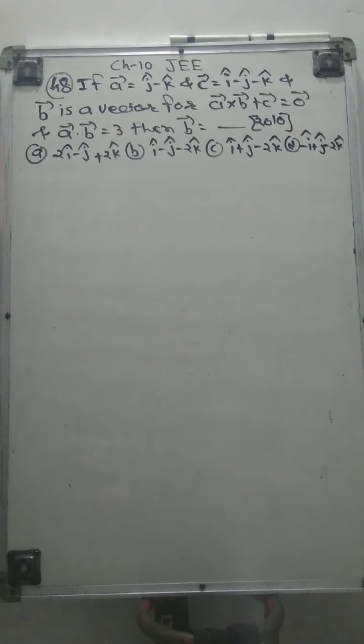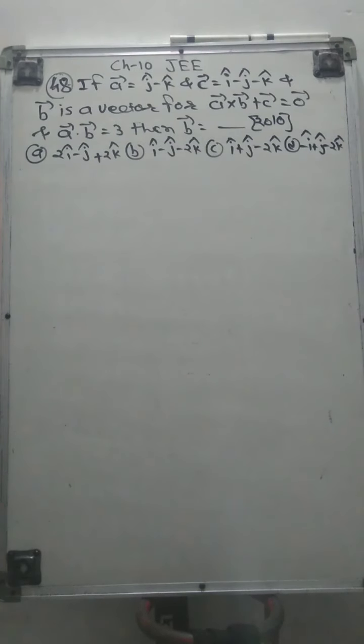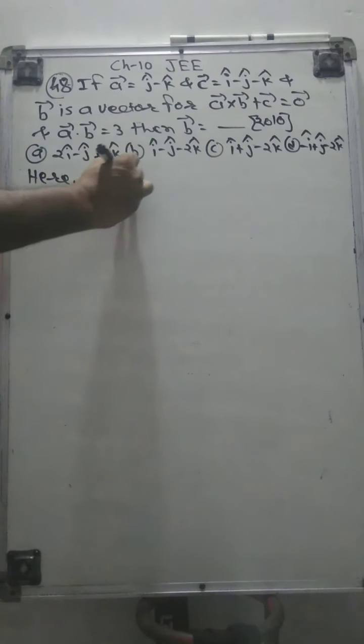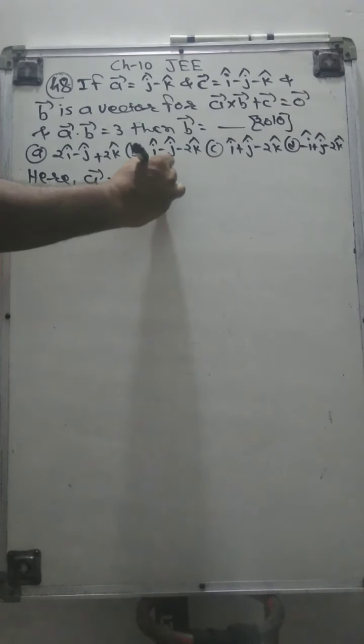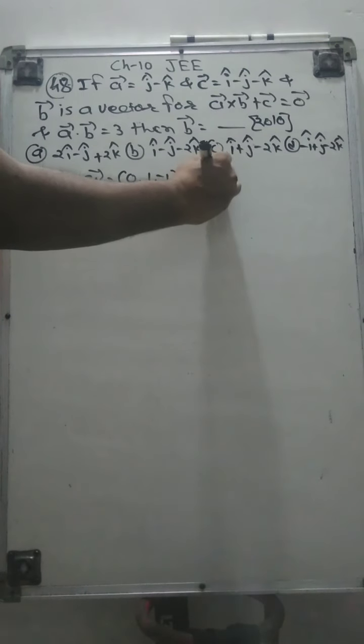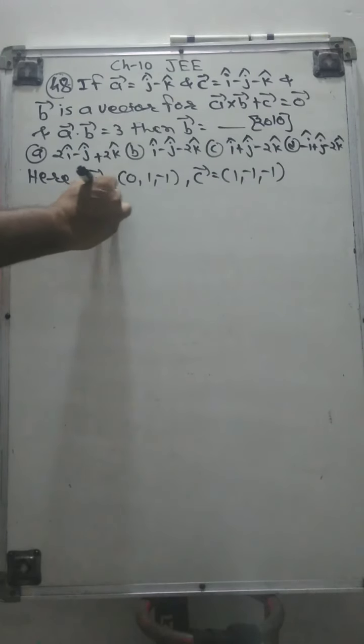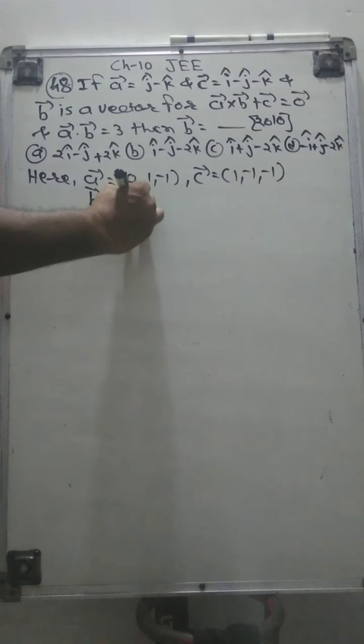This is a 2010 JEE question, and here I put the options because from the options we obtain the answer. First of all, here A bar is equal to (0, 1, minus 1), and C bar is equal to (1, minus 1, minus 1), and B bar we let be (p, q, r).